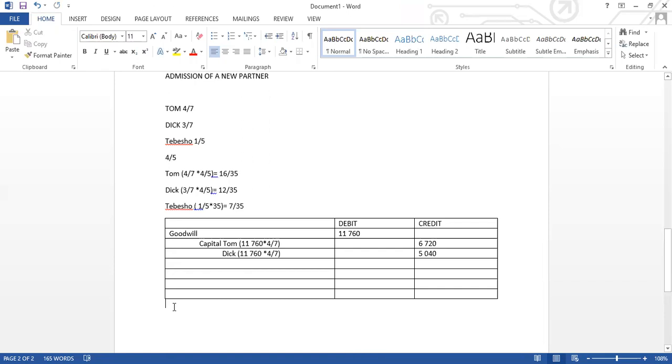Tebesha will contribute a vehicle to the value of 16,000 as well as cash for total capital contribution. So we need to calculate his total capital contribution.